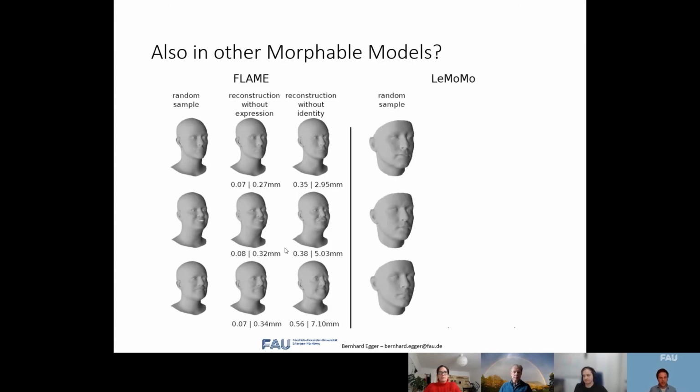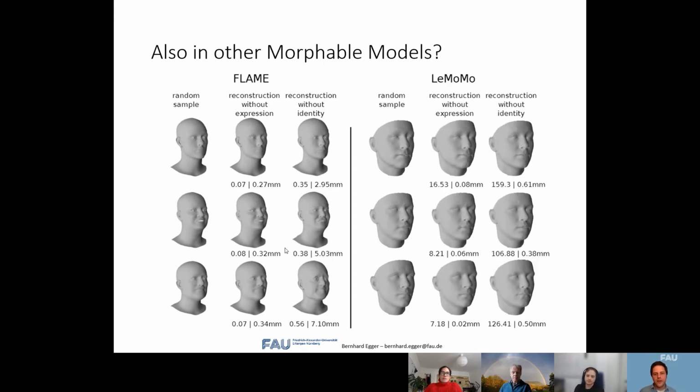So this model is learned from 2D images and some supervision, but it has never seen a 3D scan. And we observe basically the exact same ambiguity for that model. But for that model, we also observed that the variance it explains is much lower. So a lot of those faces look very similar. If we just generate random samples, they look almost the same in this model.